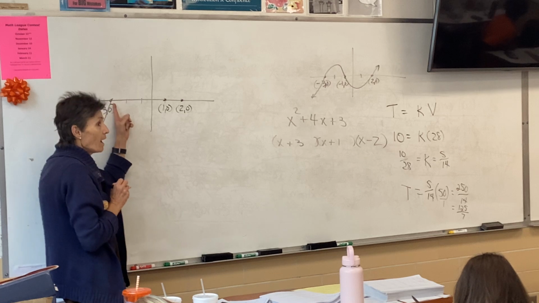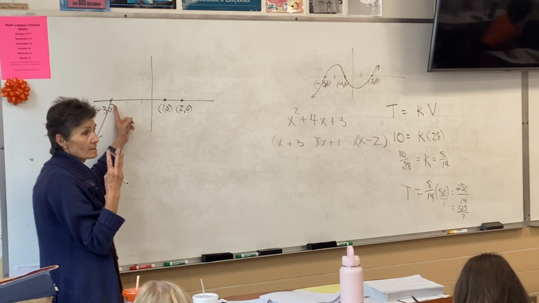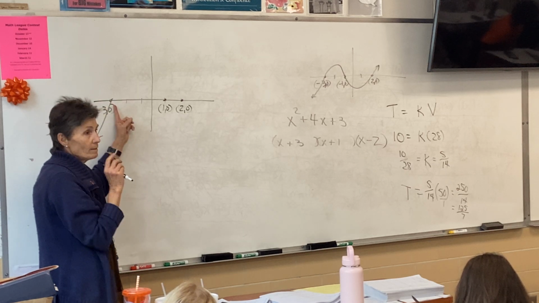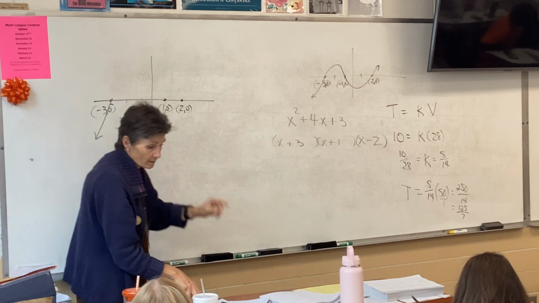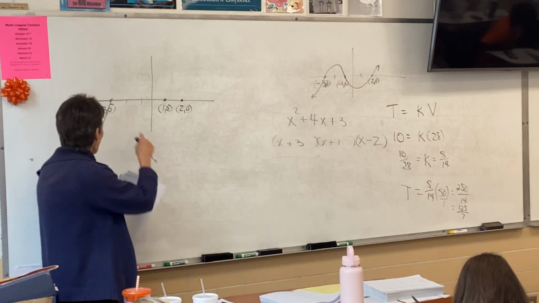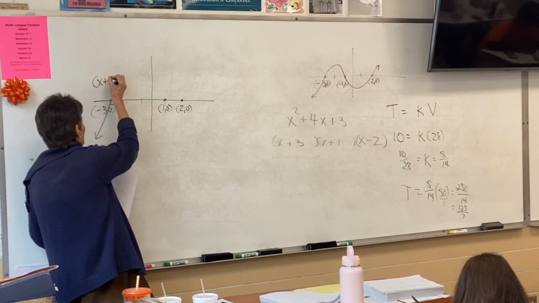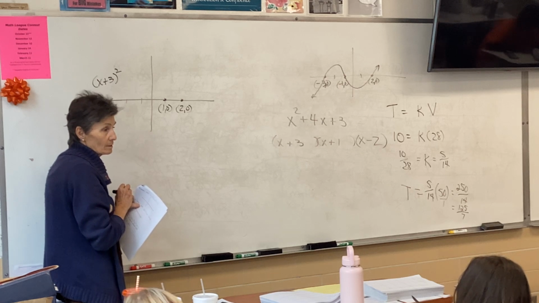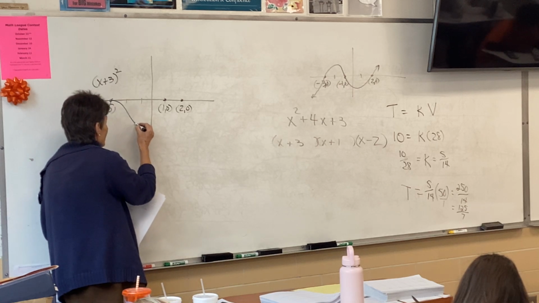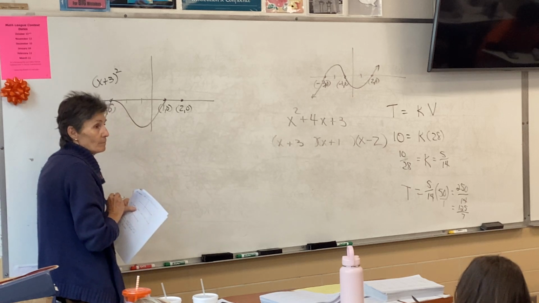When I hit that dot, I have 3 choices. Keep going, bounce off, or squiggle. Look at the problem. That dot came from this factor. It is squared. So I'm going to bounce off and come down.